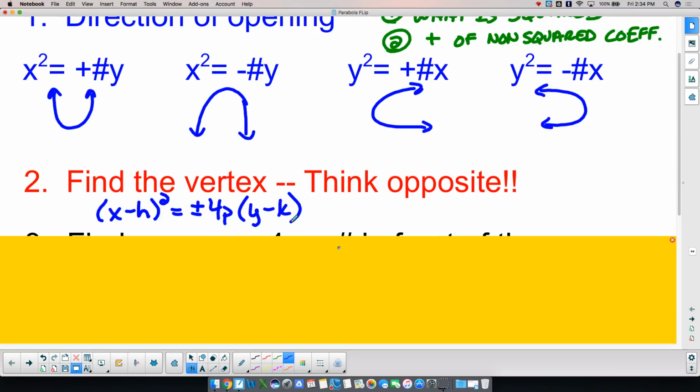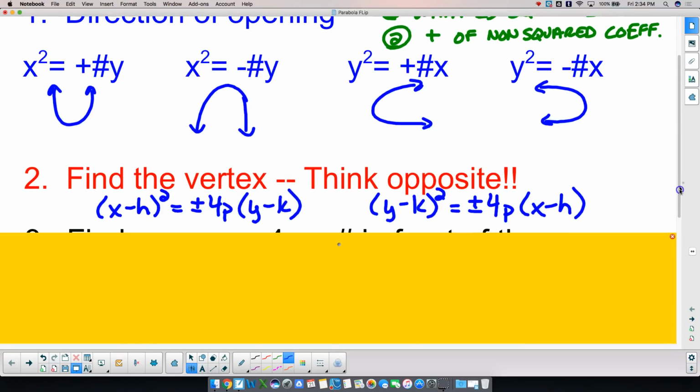And our other one is going to be y minus k quantity squared is equal to plus or minus 4p times the quantity x minus h. Again, thinking opposite because those are both going to be inside a set of parentheses. And if we don't see something after one of the variables, then that is 0.